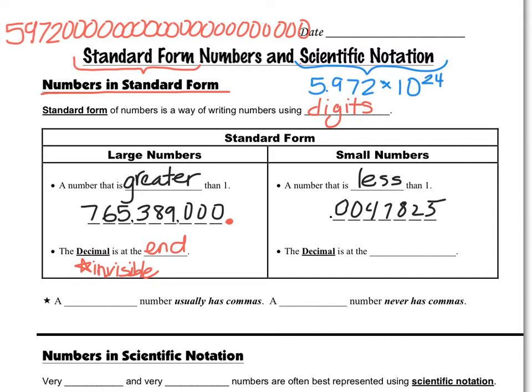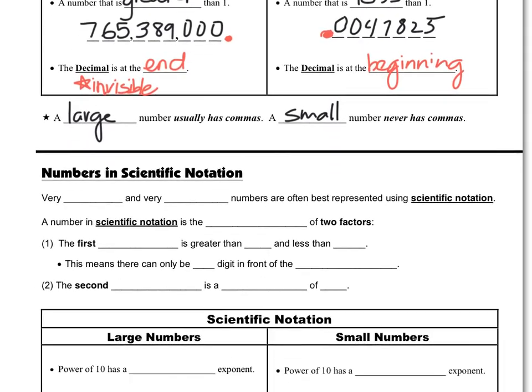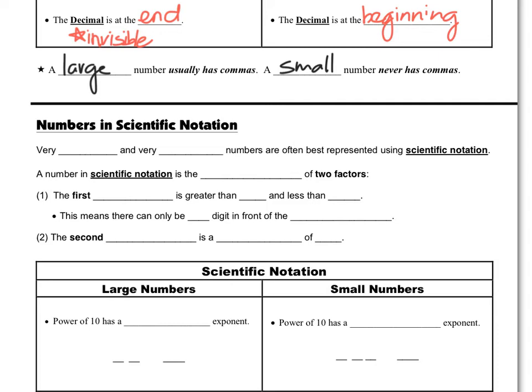And here, the decimal is at the beginning. And with numbers that are less than 1, when written as a decimal, we do see the decimal point there at the beginning. So just a brief note that large numbers usually have commas, and small numbers don't have the commas.